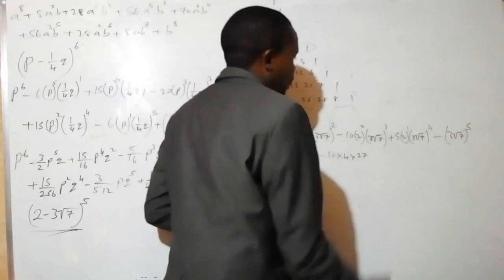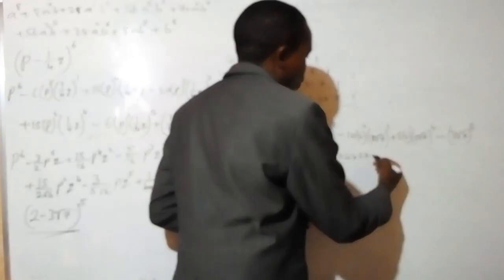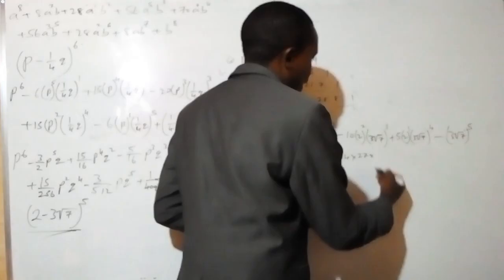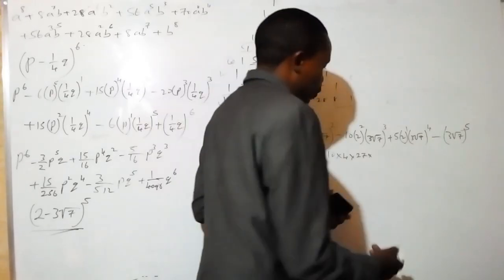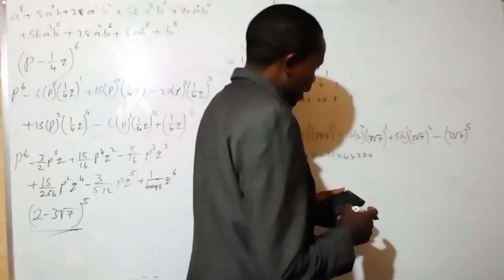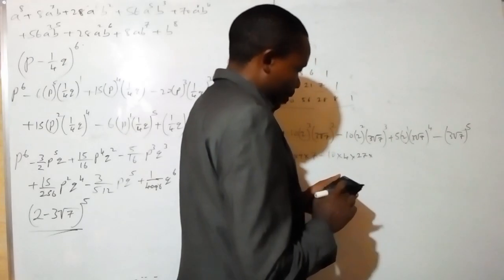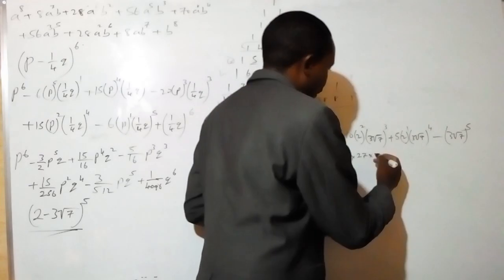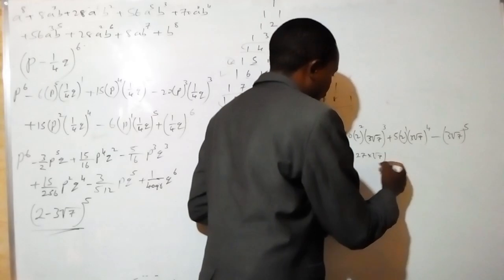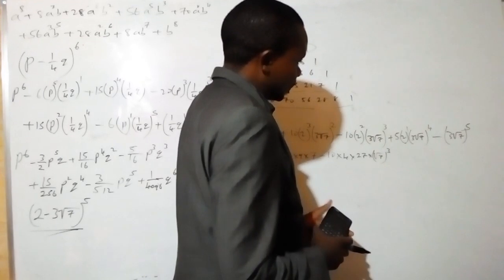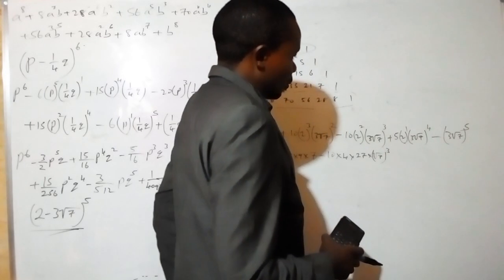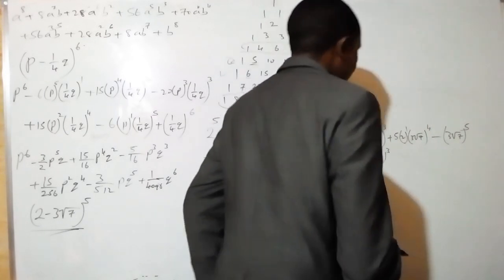Then times root 7 cubed. Root 7 cubed, you can do it here.